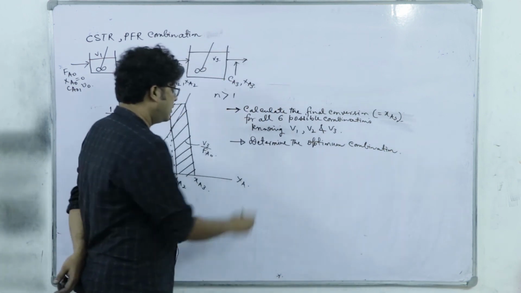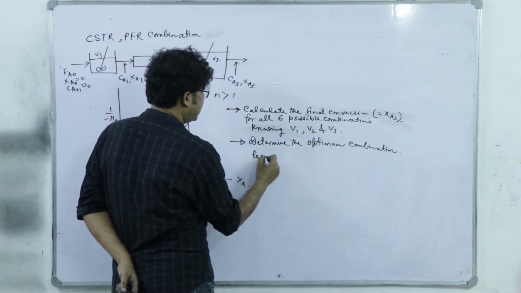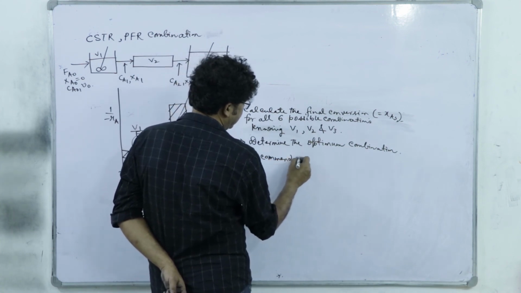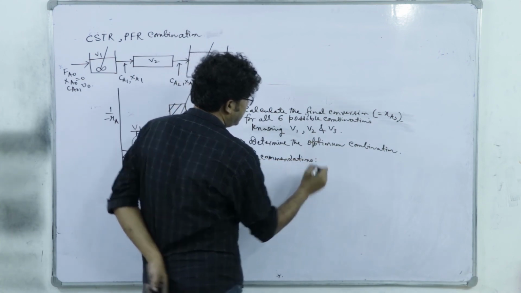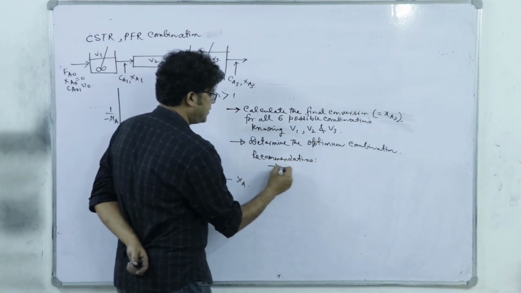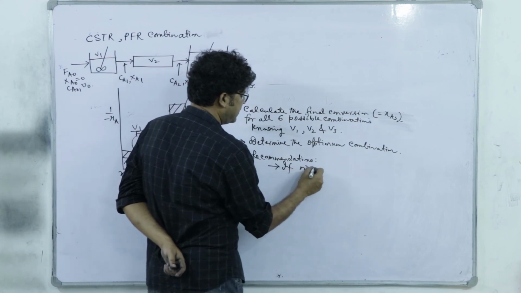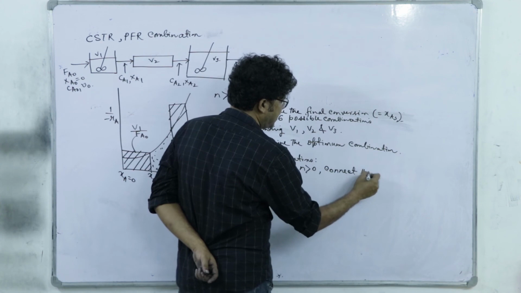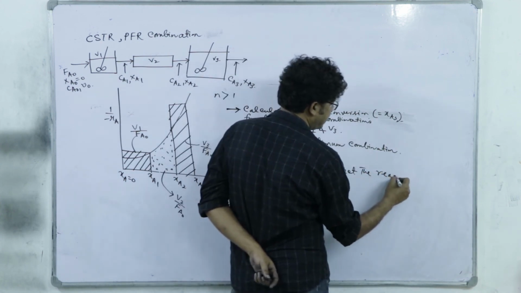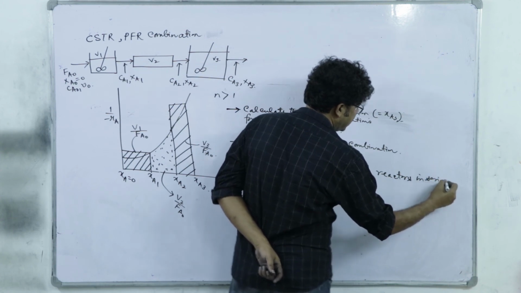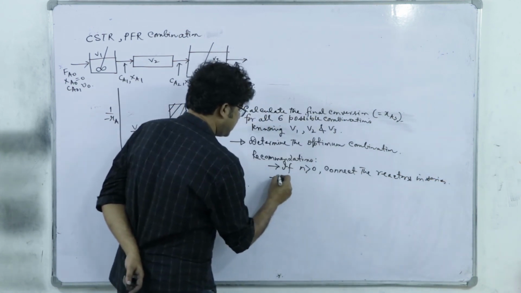Now what is the recommendation for all these elaborate algebraic tasks? For different orders of the reaction, say if n is greater than 0, connect the reactors in series. There will be no parallel combination.